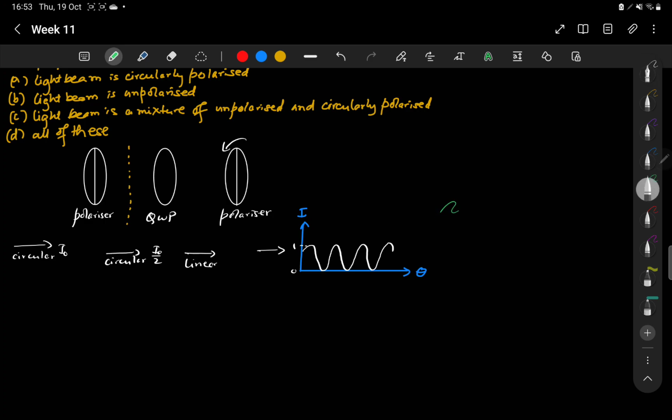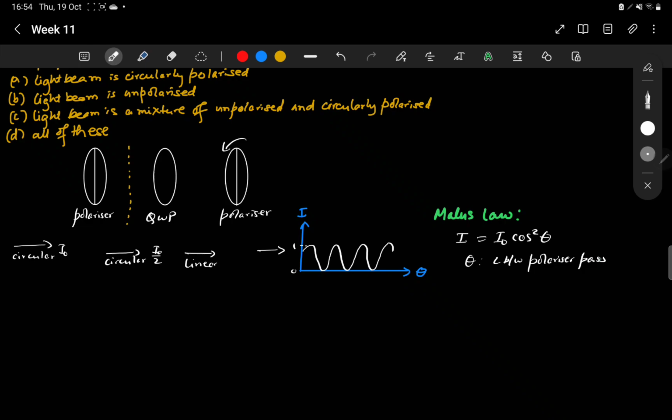And this comes from Malus law, which says that output after a polarizer is I naught cos squared theta, where theta is the angle between the polarizer pass axis and the linear polarized direction.